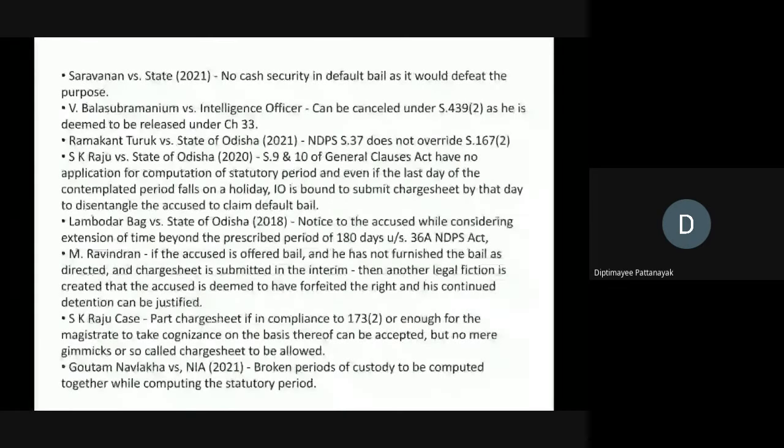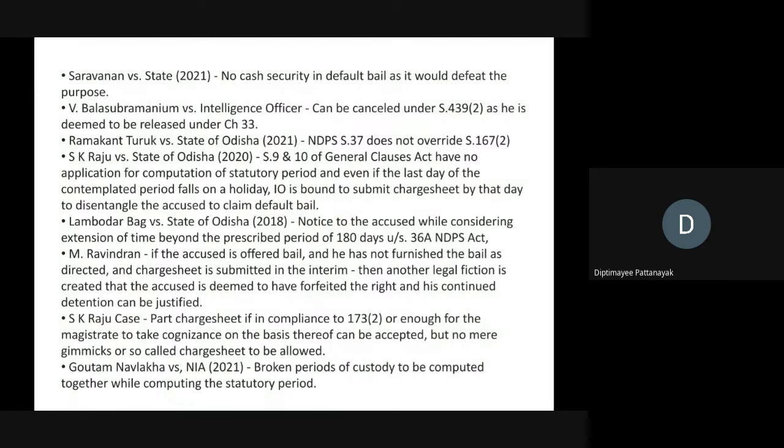Another important case law is SK Raju versus State of Odisha, 2020, which deals with the condition where the last day of the statutory period falls on a holiday. What will be done in such cases?